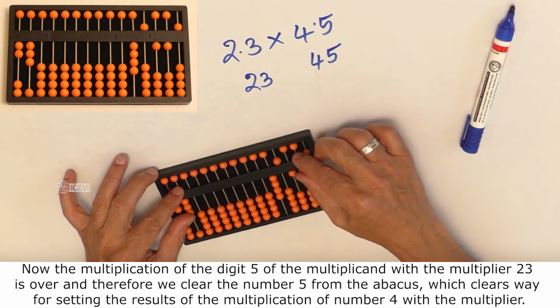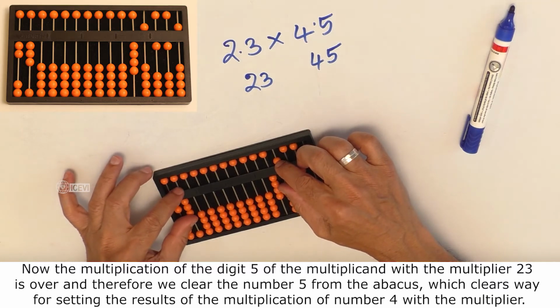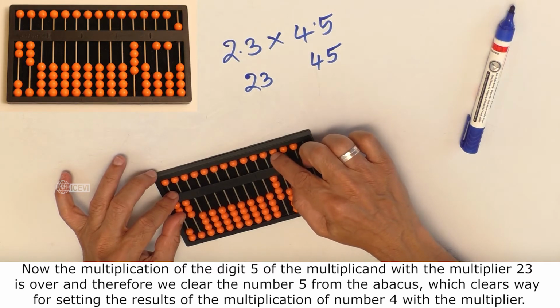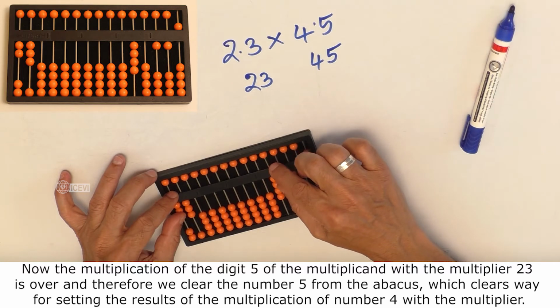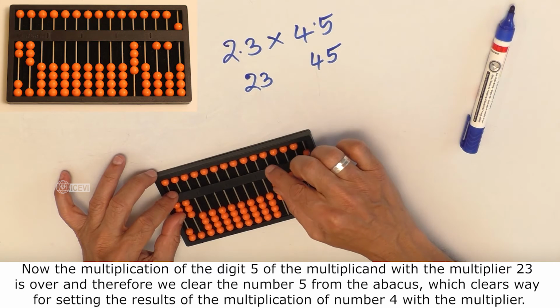Now, the multiplication of the digit 5 of the multiplicand with the multiplier 23 is over, and therefore we clear 5 from the abacus, which clears way for setting the results of the multiplication of number 4 with the multiplier.